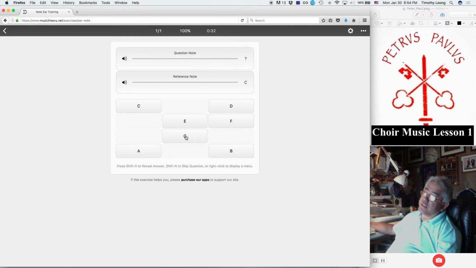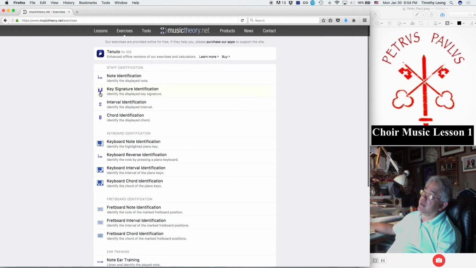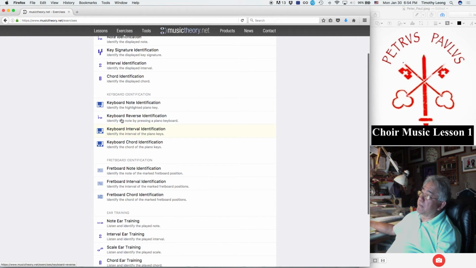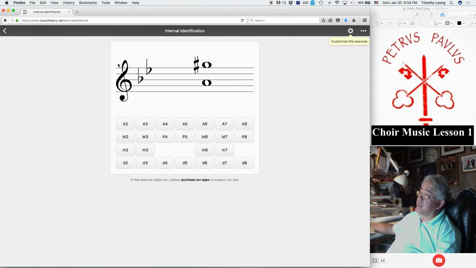See? So you need to be able to hear what the notes are, or what's being played and what it's asking you for. This is the first time I opened this guy. Now the other one is the interval identification, and that is going to integrate now the clef, the staff, the key, and now the notes.